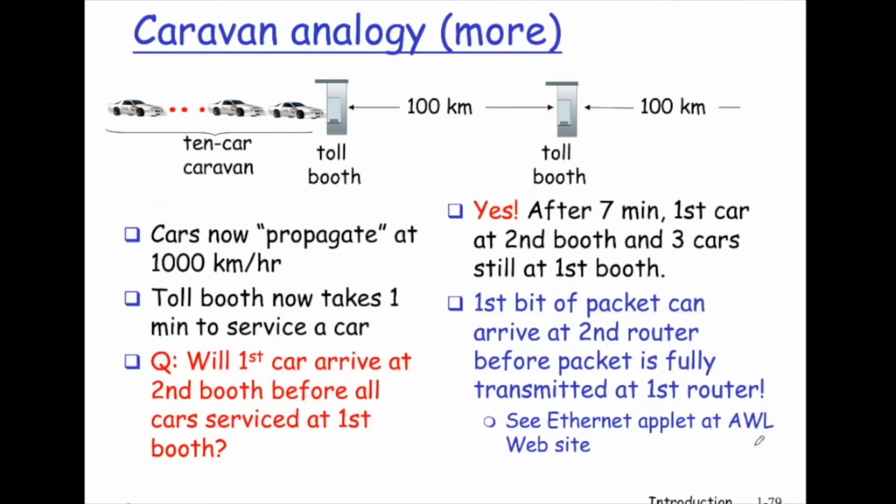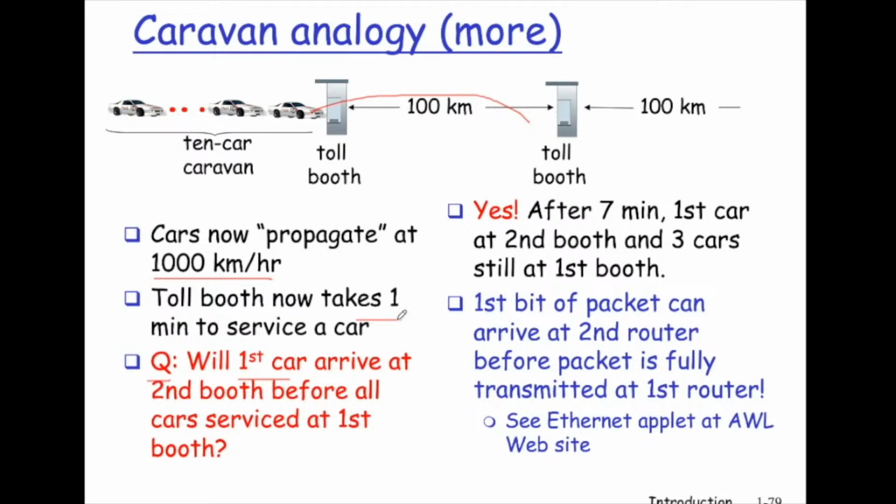In the second example, the configuration is slightly different, mainly the propagation speed and transmission speed. Propagation speed now goes really fast, but transmission speed is much slower. The question here is asking, will the first car arrive at the second toll booth before all the cars are being serviced? Let's see, when will the first car arrive at the second toll booth?